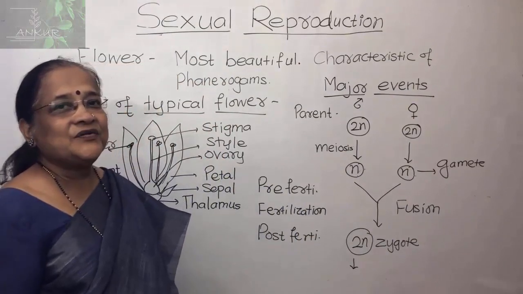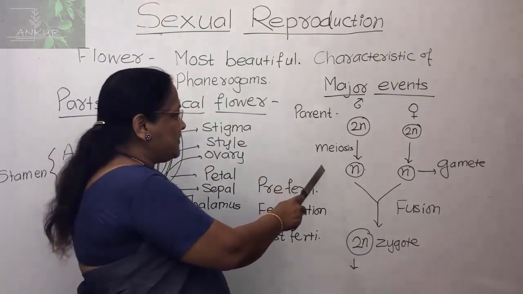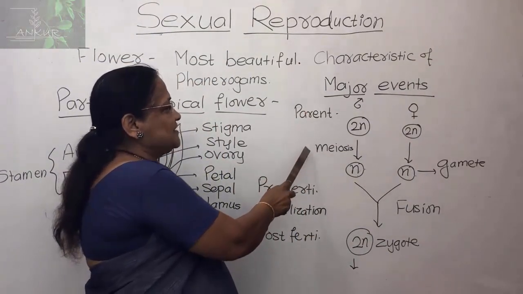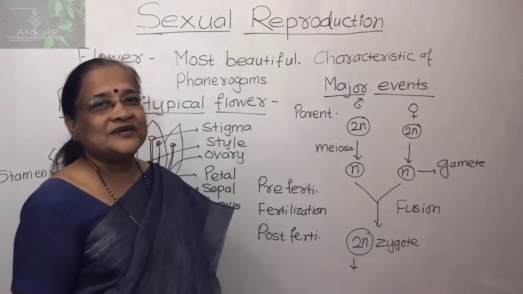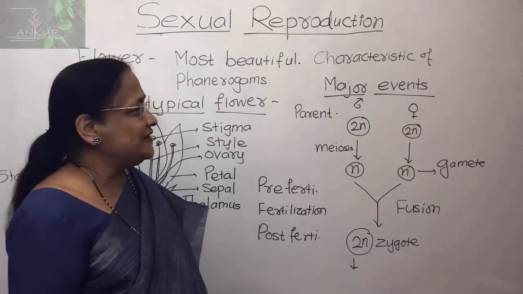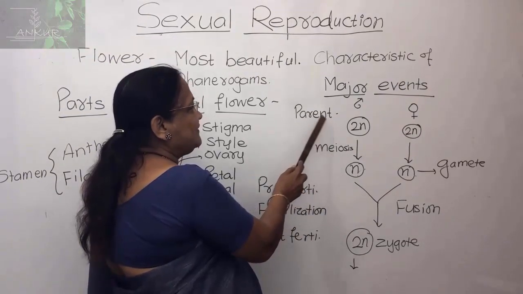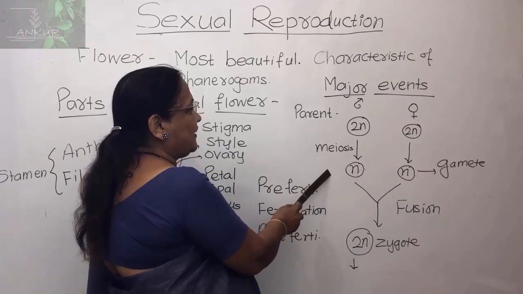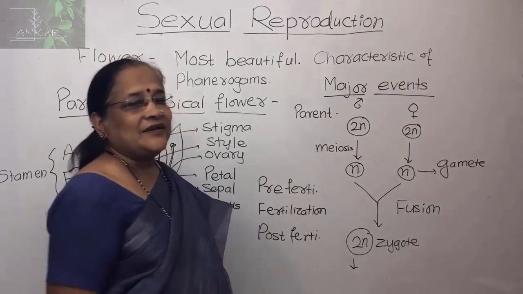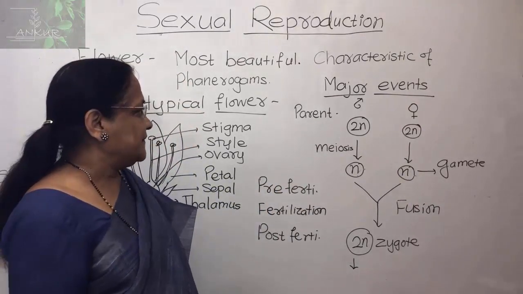It is necessary to form gametes through meiosis, or the reductional division, in which the chromosome number, which is diploid in the parents, becomes haploid.